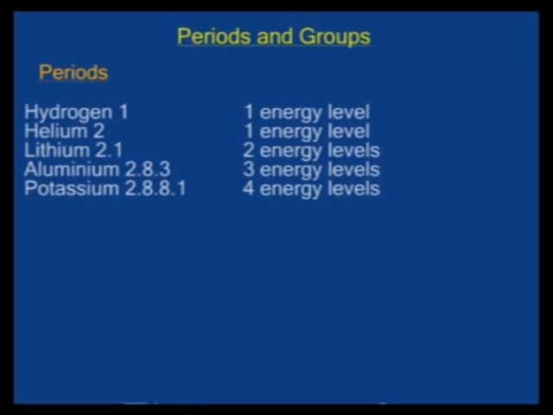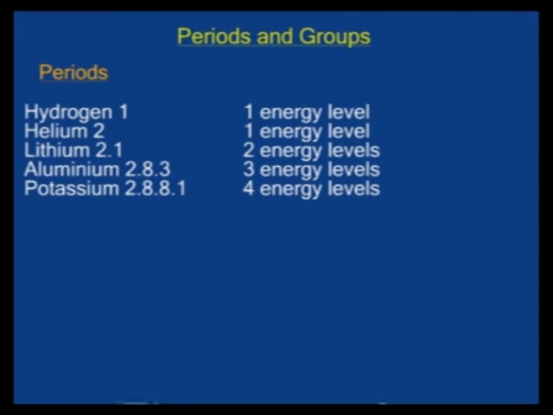And now we turn and look at the classification of elements into periods and groups. And we start with periods. Now, depending on the atomic number, some atoms have 1 energy level, others have 2, and others have 3, while others would have 4. For example, hydrogen with a configuration of 1 has 1 energy level.